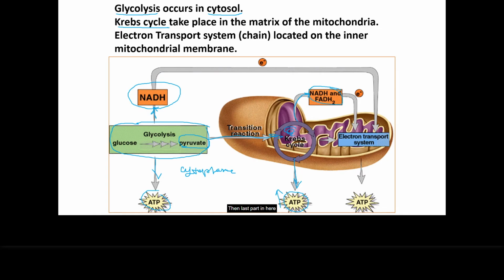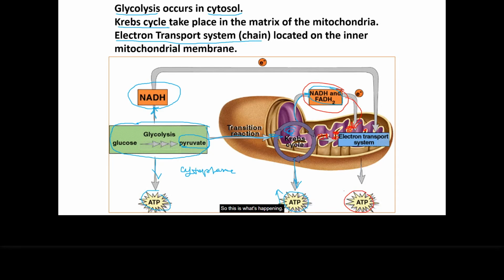Then the last part of cellular respiration is the electron transport system, or electron transport chain. The enzymes for this are located on the inner membrane of the mitochondria. These enzymes will use NADH and all these coenzymes and produce again ATP molecules.